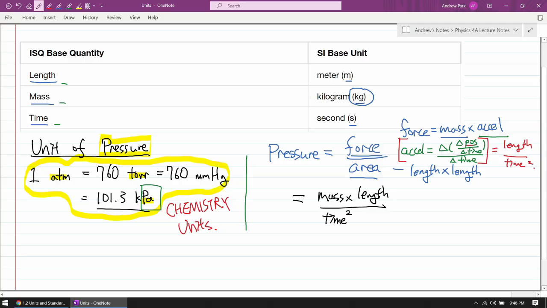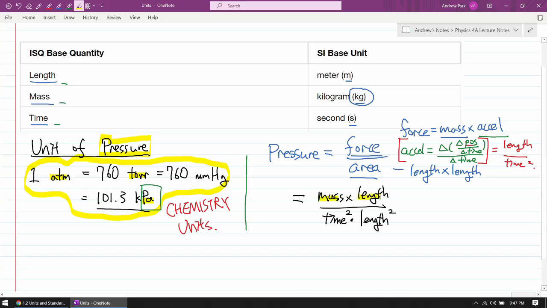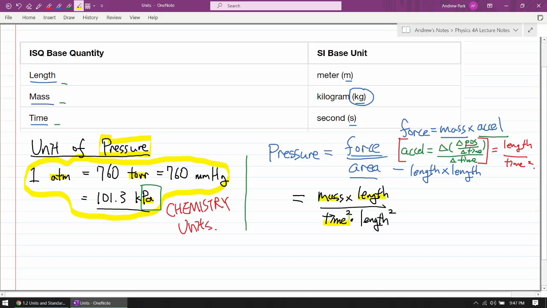That's a unit for the force, divided by area, so that would be two factors of length, length squared. So that's a unit of pressure in terms of the fundamental units of mass, length, and time.